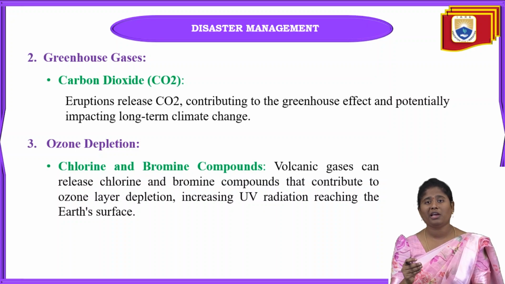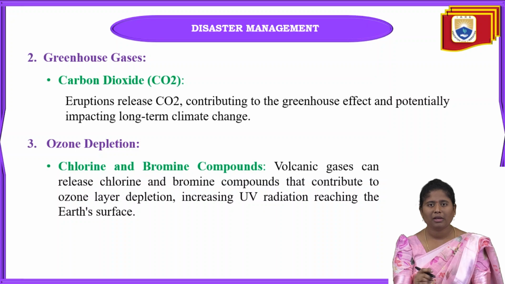If this ozone layer is affected, there will be an increase in UV radiation. At that time, we can face many skin issues and many diseases. If UV radiation falls directly on our body, we are going to face many different types of diseases.